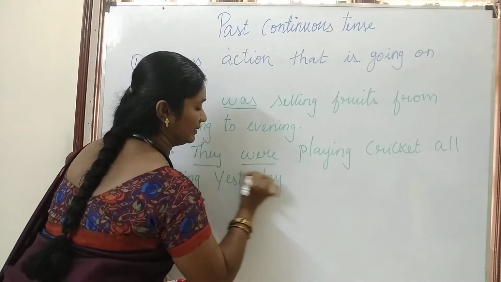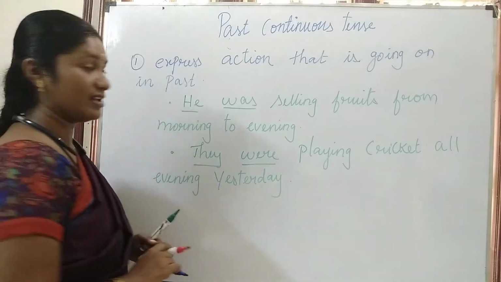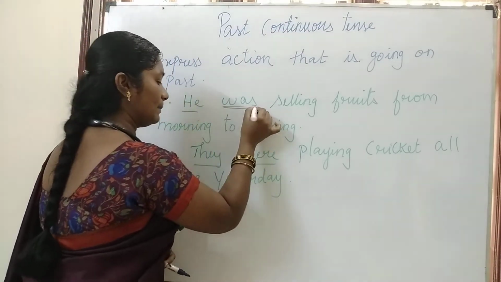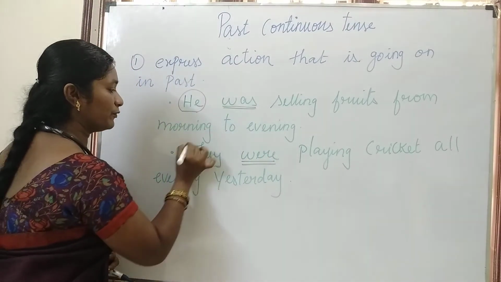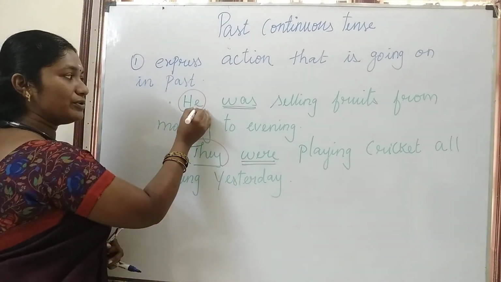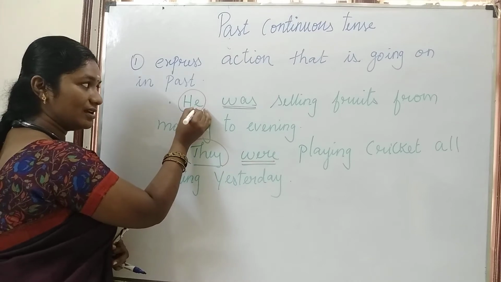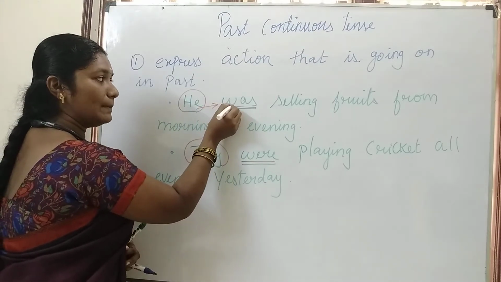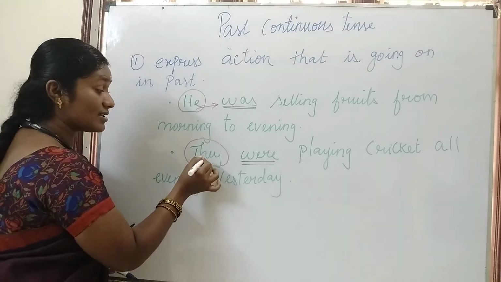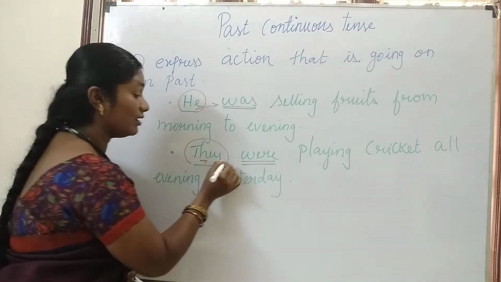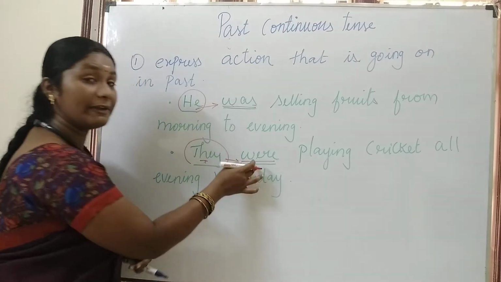As I said earlier, in past continuous tense we use the helping verbs was and were as per the number of the subject. In the first sentence the subject he is singular, so we use was. In the second sentence the subject they is plural, so we use were.